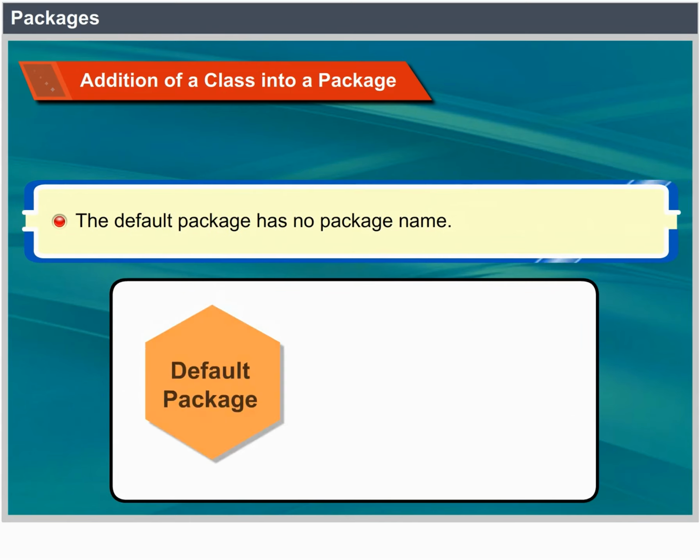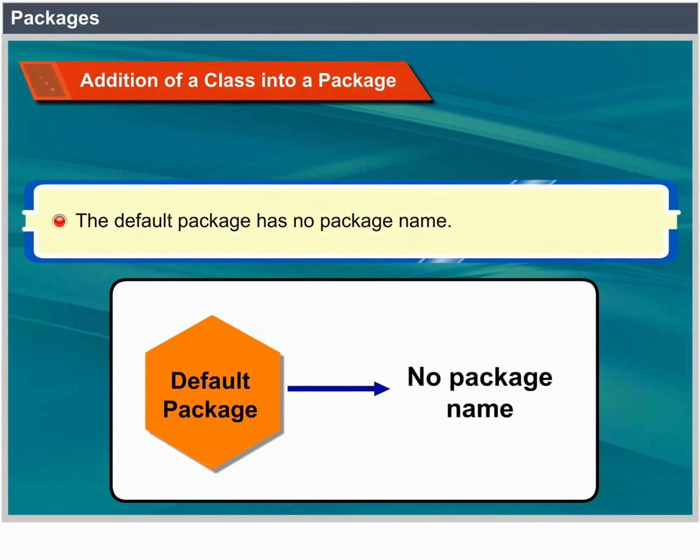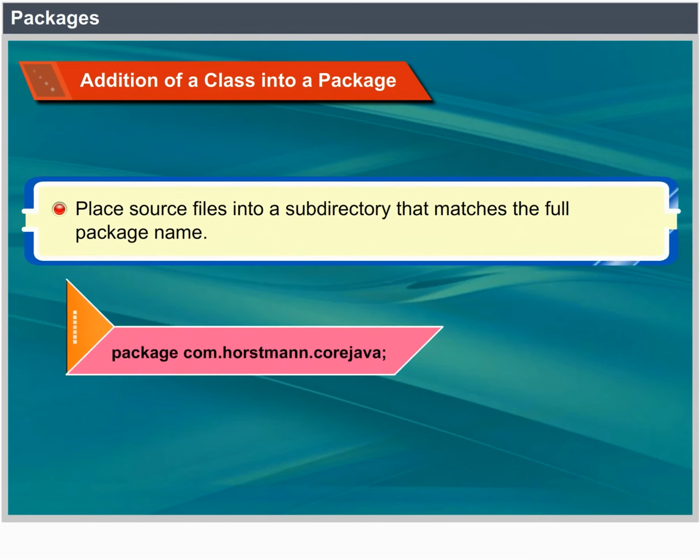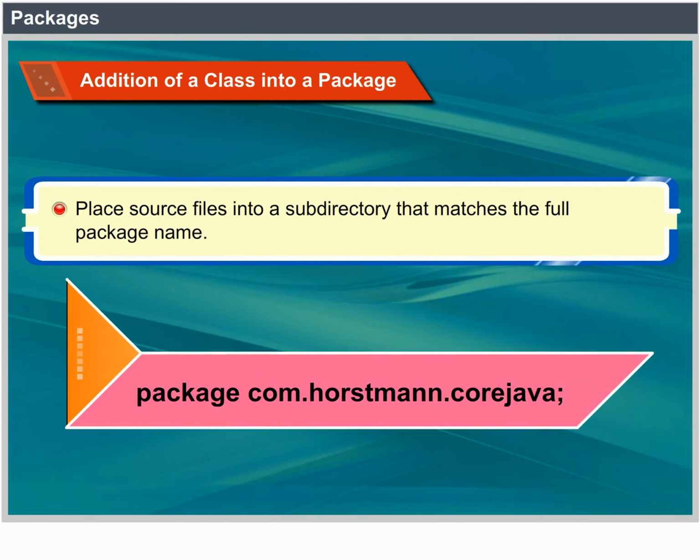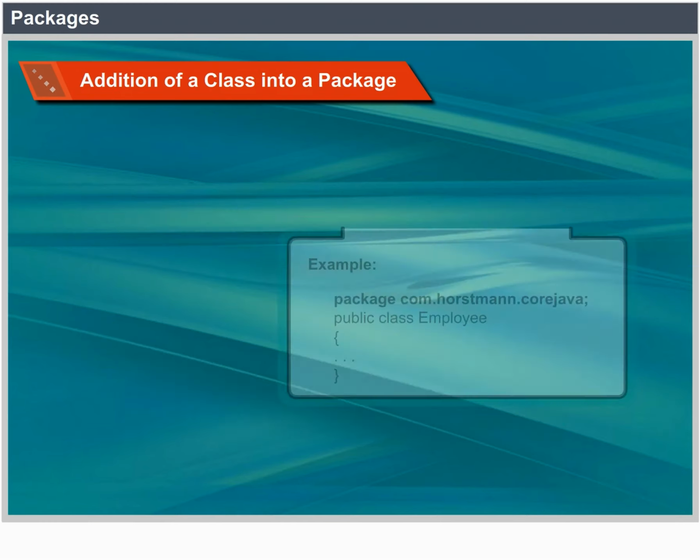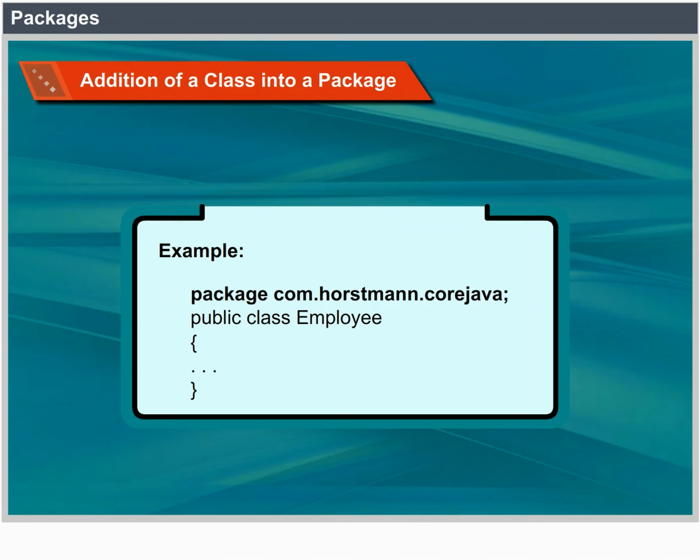The default package has no package name. Place source files into a subdirectory that matches the full package name. For example, package com.hostman.core.java; public class Employee { }.